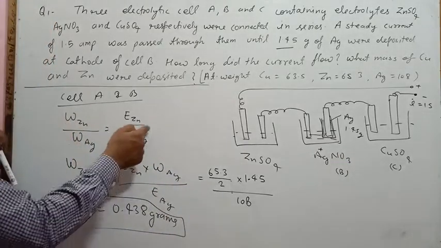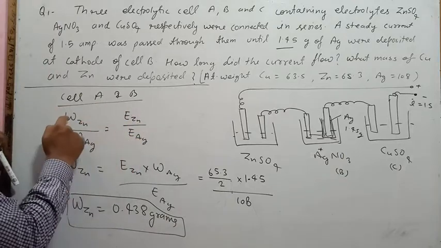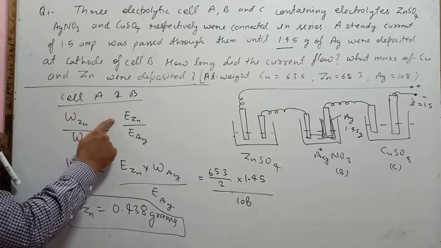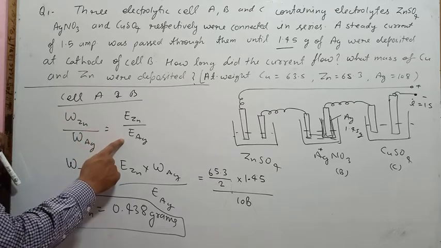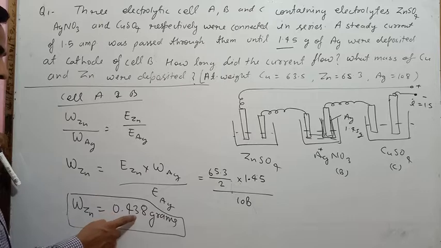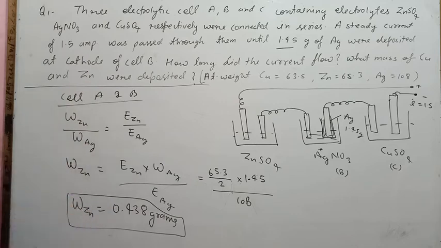According to that we can write the formula: mass of Zn upon mass of silver equals equivalent weight of Zn upon equivalent weight of silver. After putting in the values, we get the mass of zinc as 0.438 grams. So this is the answer for zinc mass. Please take a screenshot.